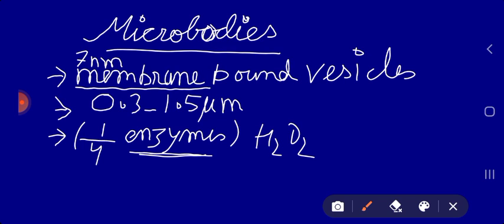Now, based on the enzymatic composition, microbodies are of two types, right? Microbodies have different types of enzymes, and on the basis of the enzyme composition, they are of two types.